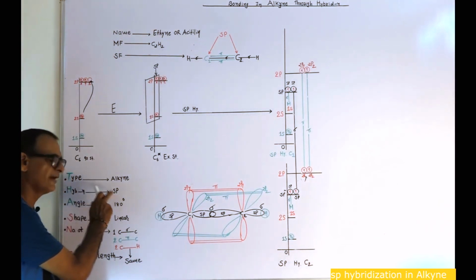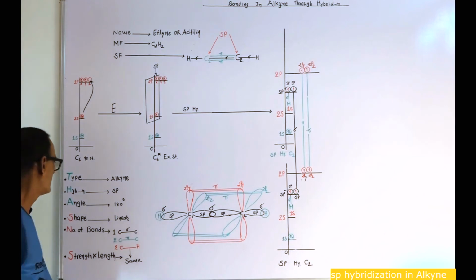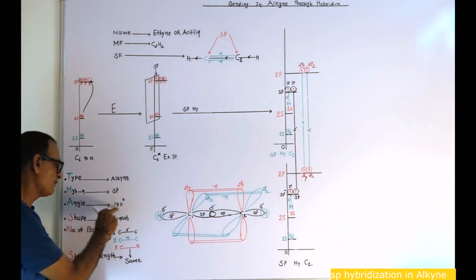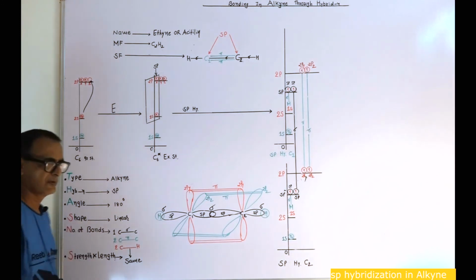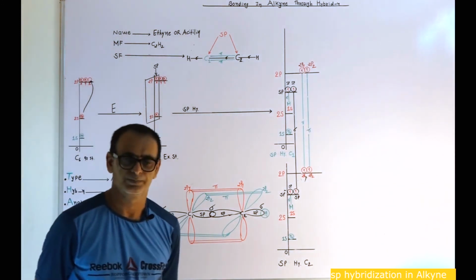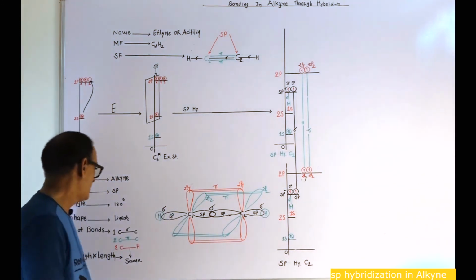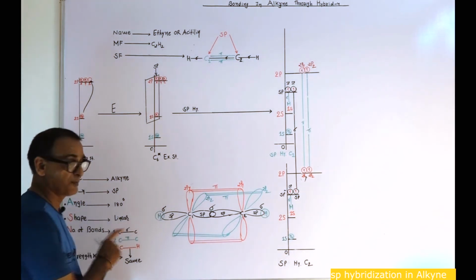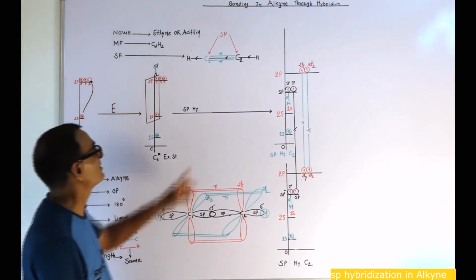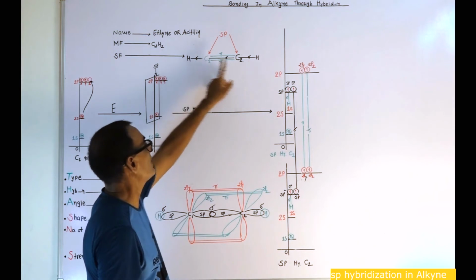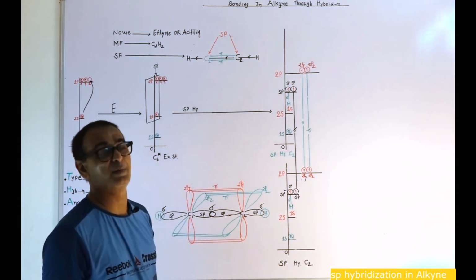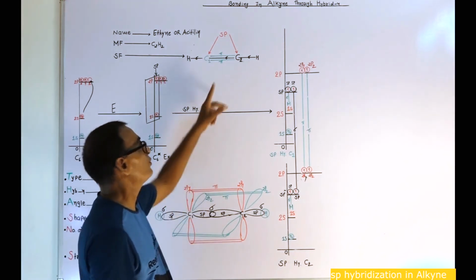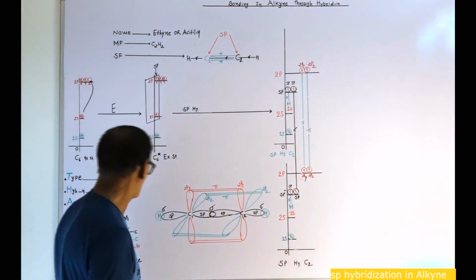Hybridization sp, then angle will be 180. The shape, you can say symmetry also, will be linear. Number of bonds. Now you calculate the number of bonds: 3, 4 and 5. Among the 5 bonds, 3 sigma bonds are there and 2 pi bonds are there.